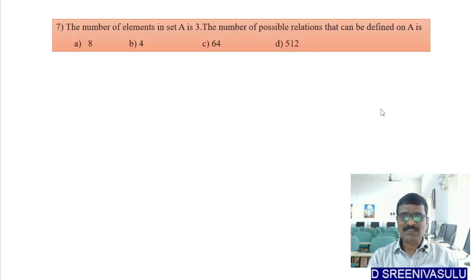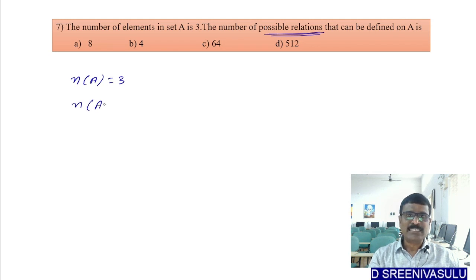Question number 7. The number of elements in set A is equal to 3, n(A) equal to 3. The number of possible relations that can be defined on A is. We know that the number of elements in A cross A is equal to 3 into 3, because A has 3 elements, so 9 elements.